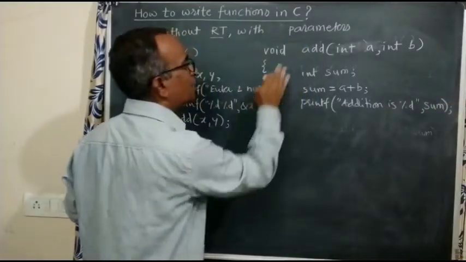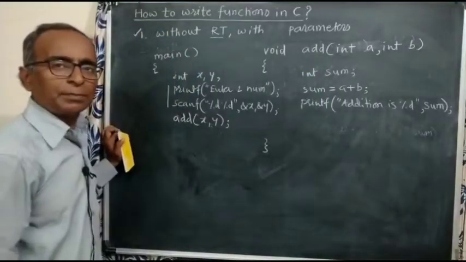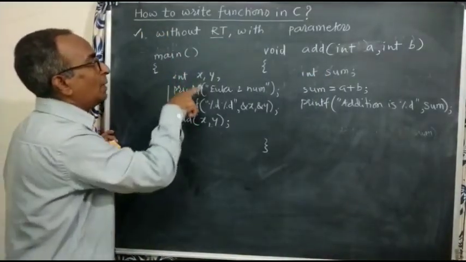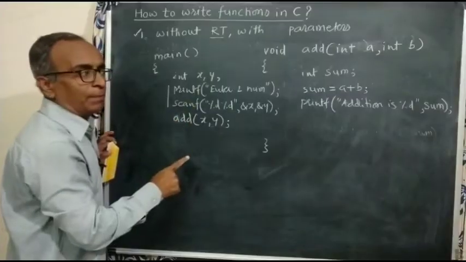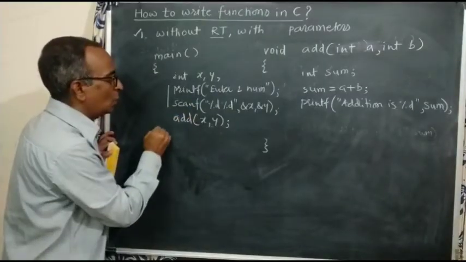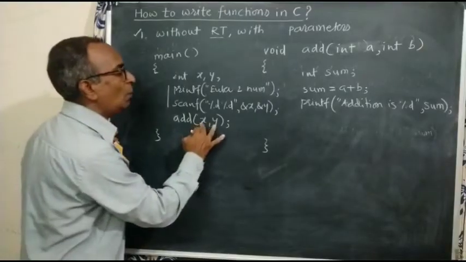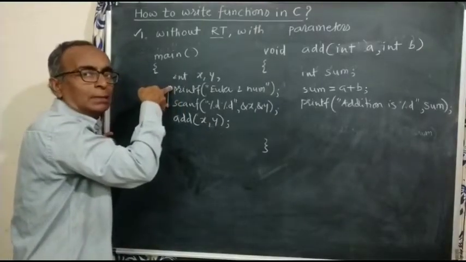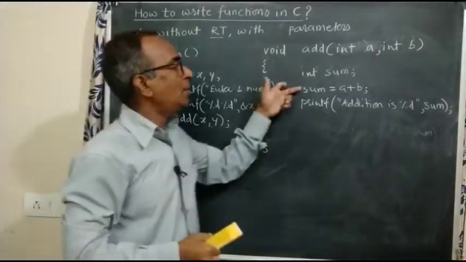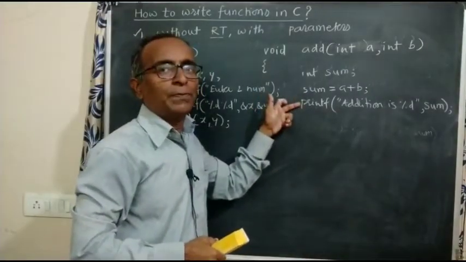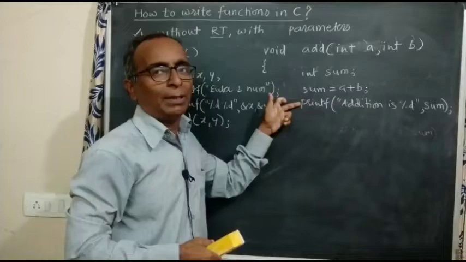That's it. Whenever there is no return type, the master is not expecting anything, but it is sending two values, which means reading will be done by the master, and processing and giving output will be done by the slave here.